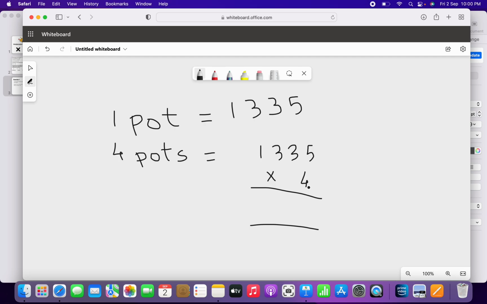So 4 times 5 is 20, 0, carry over 2 to the tens place. 4 times 3 is 12, 12 plus 2 is 14, carry over 1 to the hundreds. 4 times 3 is 12, 12 plus 1 is 13, carry over 1 to the thousand. 4 times 1 is 4, 4 plus 1 is 5, so 5340.